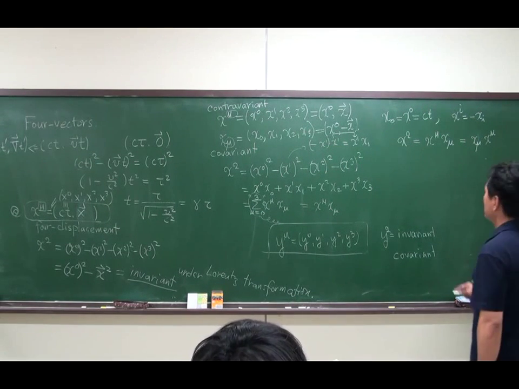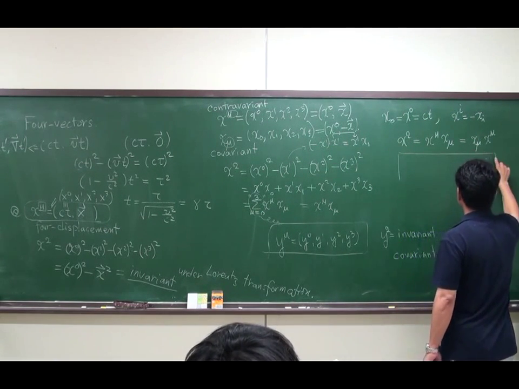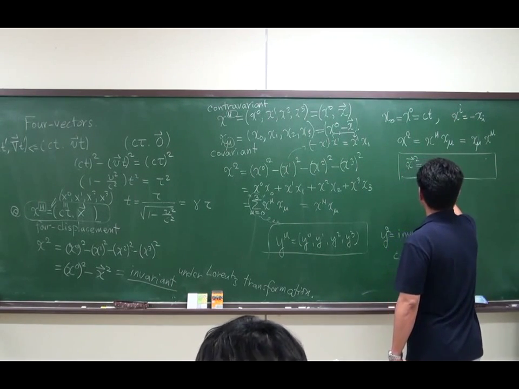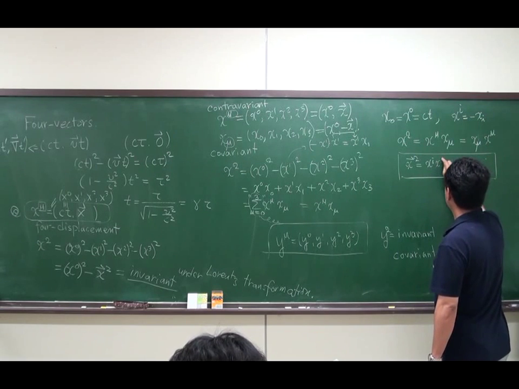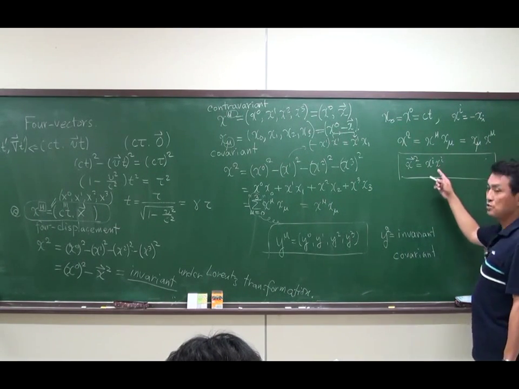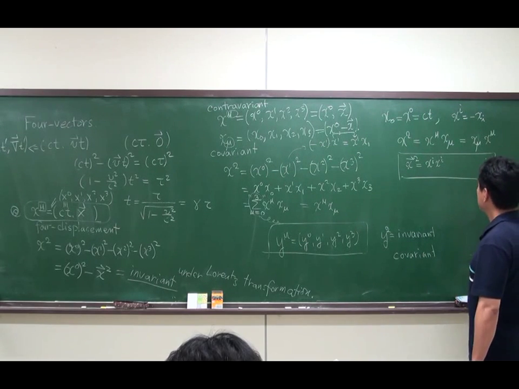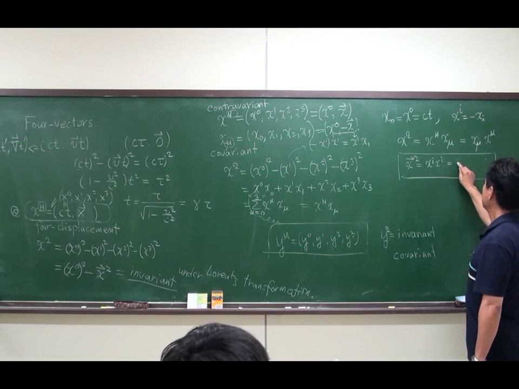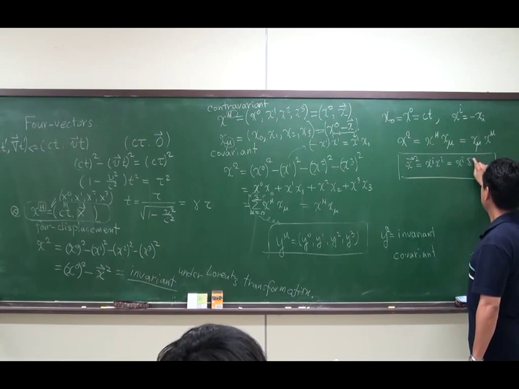But let us recall the 3-vector squared case. It is x_i x_i, where i runs from 1 to 3. But we remember this is x_i δ_ij x_j. They are the same.